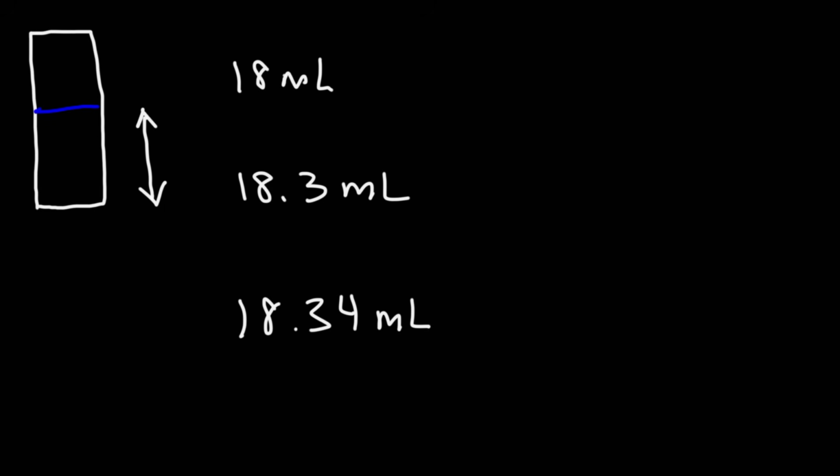What should be the assumed uncertainty for each of these measured values? If our measured value is 18 milliliters, then the uncertainty is going to be based on the last significant digit. So notice the 8 is in the ones place, so our uncertainty will be the lowest number in the ones place, which in this case will be 1.